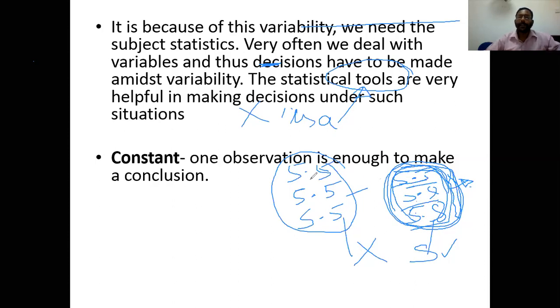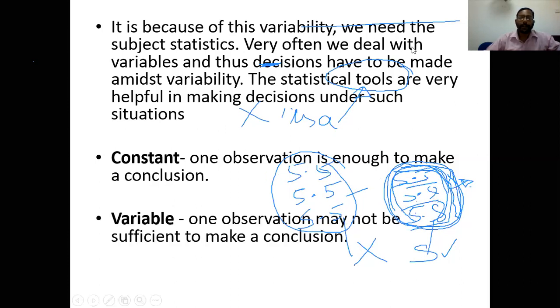For a constant, we need only one value to conclude, but if there is variability, we cannot. With a variable, one observation may not be sufficient to make the conclusion. By looking at 5.5 or 5.6 or 5.8, from one observation we cannot. So we need several observations, at least 2 or 3. We will see that later.